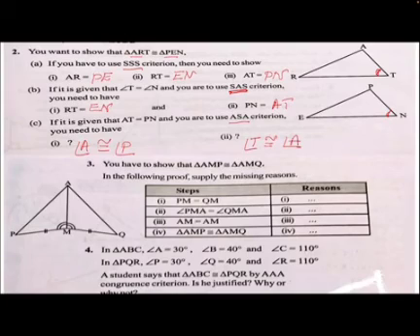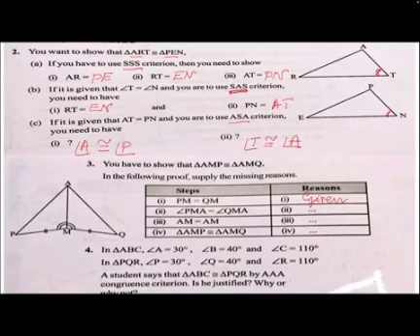Now here, you have to show that triangle AMP and AMQ are congruent. So the steps are given. You have to write the reason. PM and QM are congruent. Reason given.